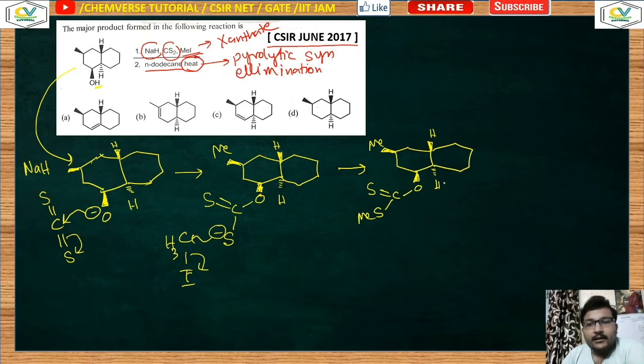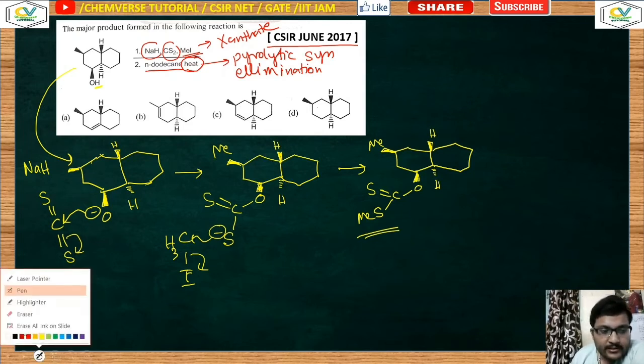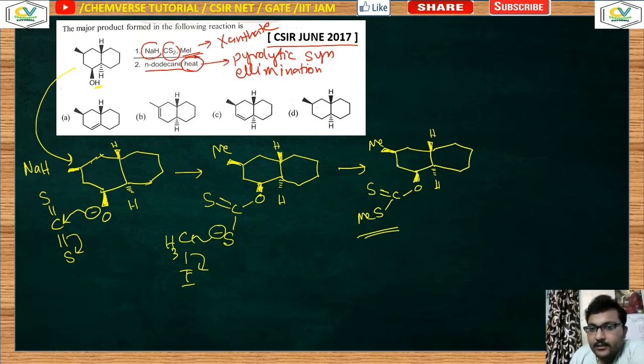Now this is your xanthate portion and it is in the above position. So now if we look at the two adjacent carbons, that means the beta carbon, this is the carbon where the xanthate is attached. So this one is one of your beta carbon and this is another beta carbon.